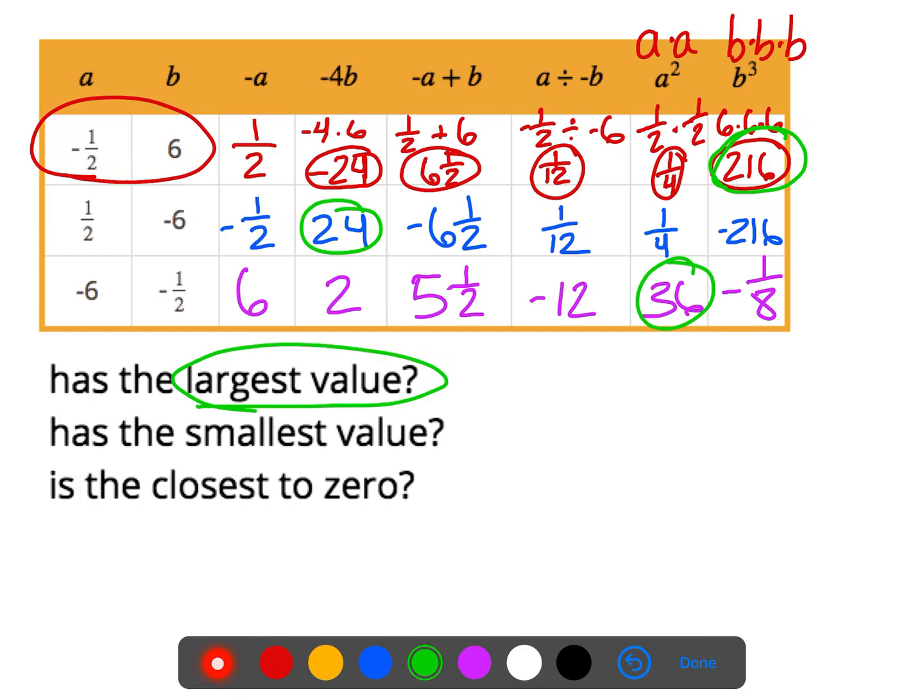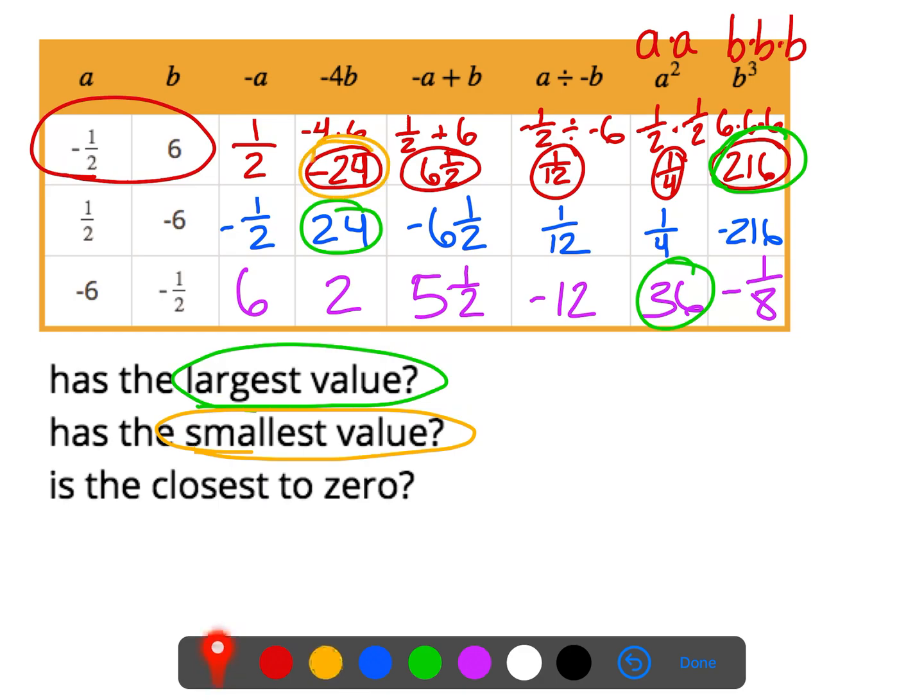For the smallest value, I'll use yellow. Now, any negative number will be smaller than a positive number. So if there's a negative number, that automatically is smaller than any of the positives. If I look across here, we've got only one negative value, so that's easy right there.